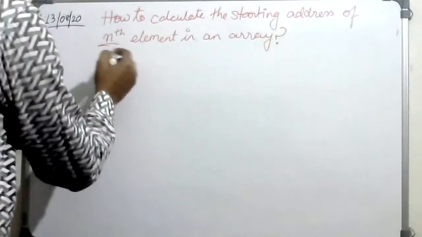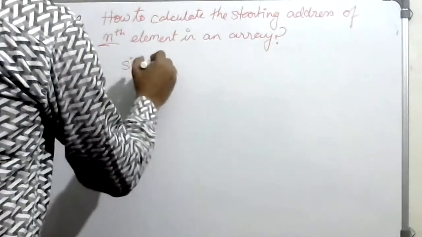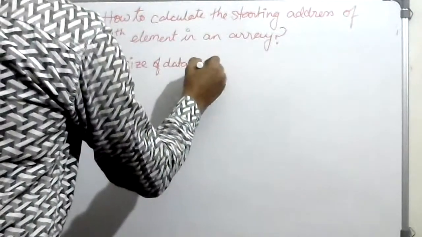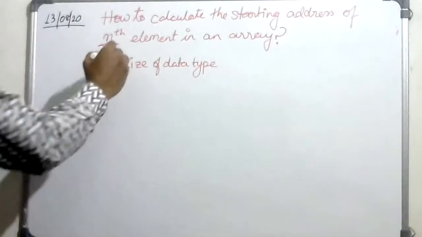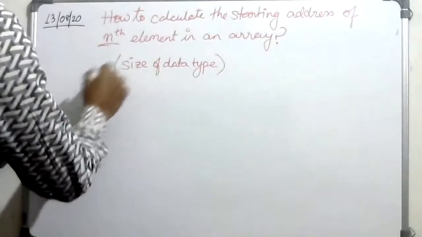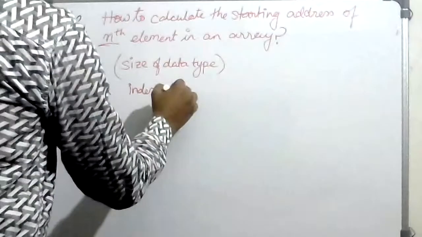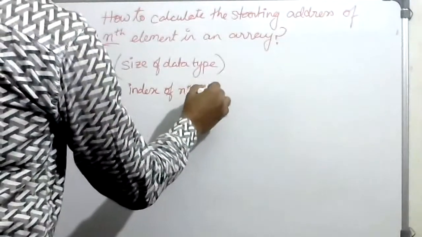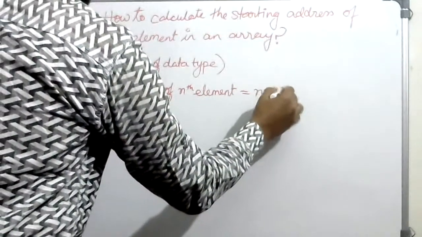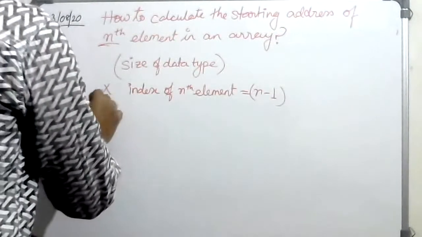So the formula is something like this: the size of the data type needs to be multiplied with the index of the nth element, which is equal to n minus 1.